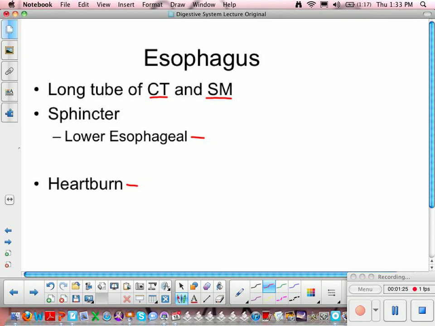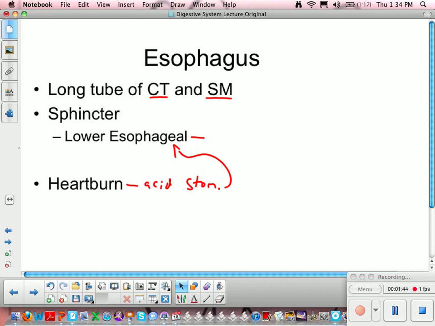Heartburn is when acid from the stomach is able to pass up through that lower esophageal sphincter and burn parts of the esophagus.